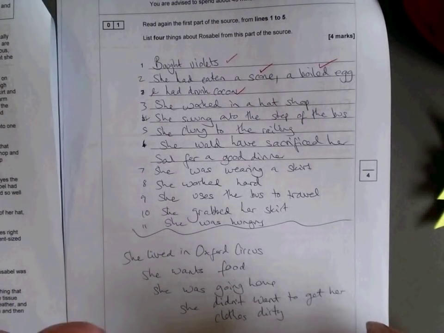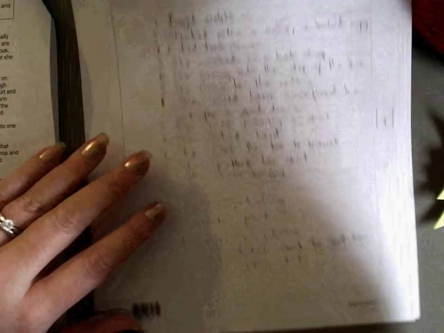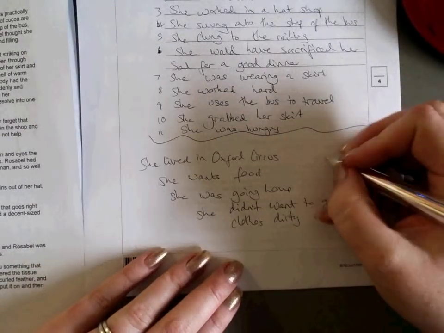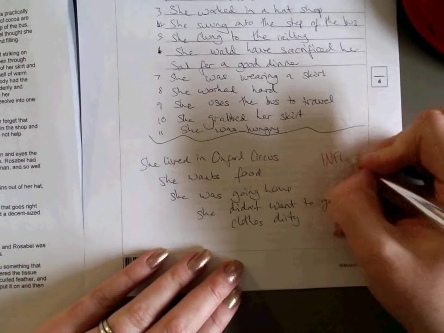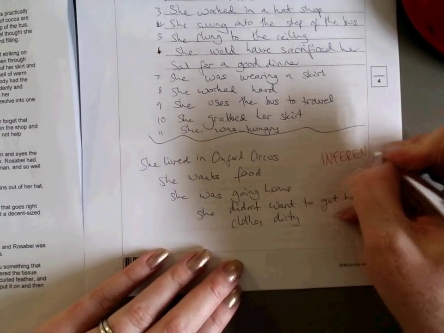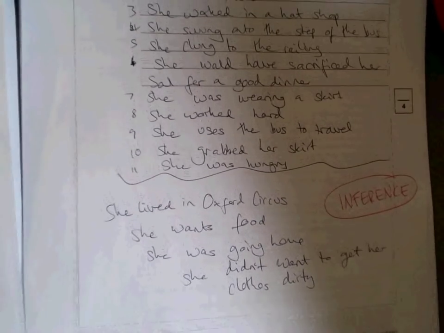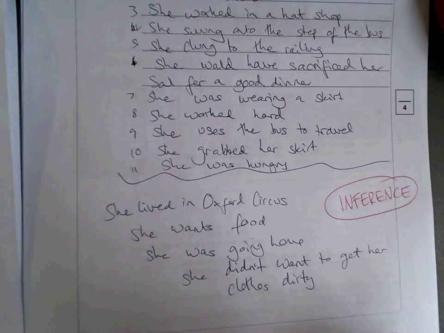Now, where in the summer we saw students go a little bit wrong was when they were trying to do too much in the way of inference. Students overthought this question, and they were reading between the lines, and there was no evidence for what they came up with.